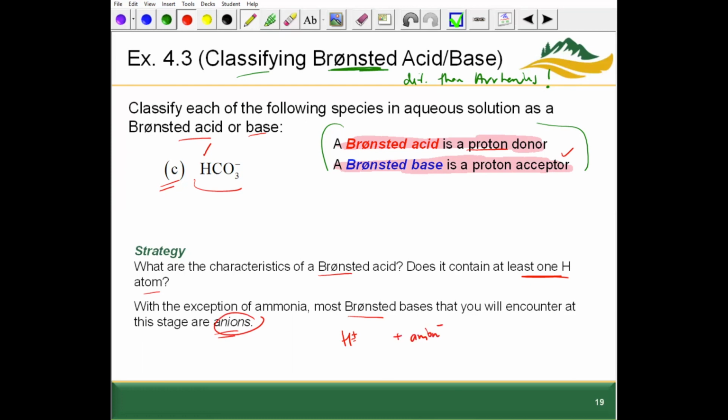So H plus with an anion, this technically can be considered a Bronsted base. So we need to decide if this anion, right, this is also an anion and it has this hydrogen, could that also accept a hydrogen to then be considered a Bronsted base?